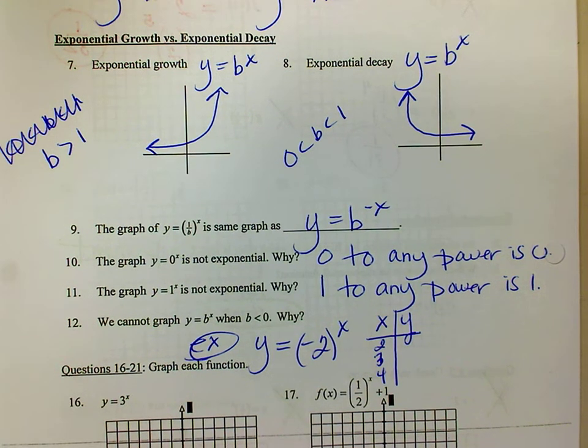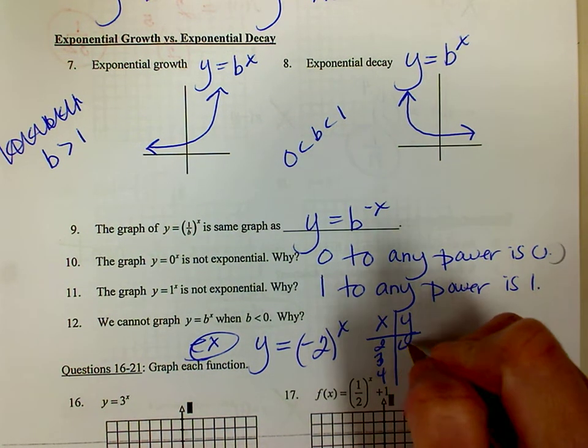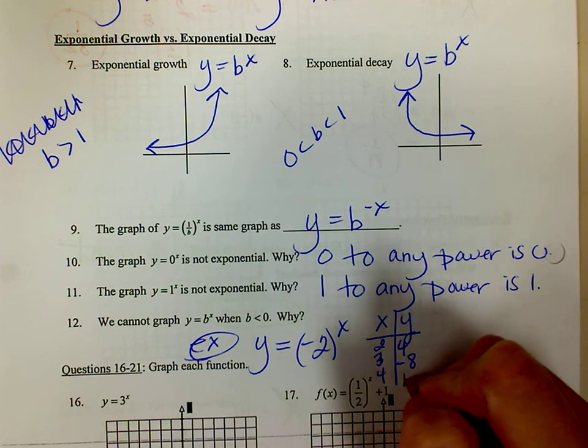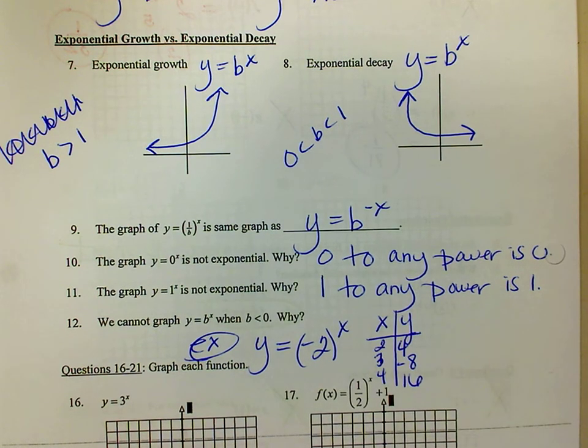Okay, so negative 2 squared is 4. Negative 2 cubed is negative 8. And then negative 2 to the 4th is positive 16. So the reason my base can't be negative is because it's not growth or decay. It's a positive, then a negative, then a positive, and it's going to alternate.